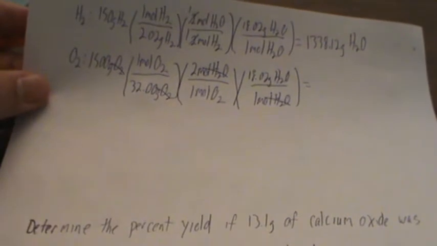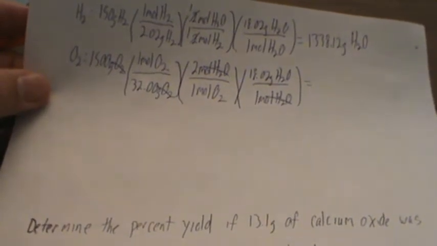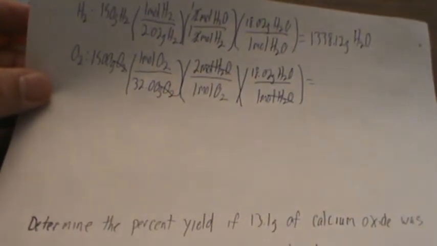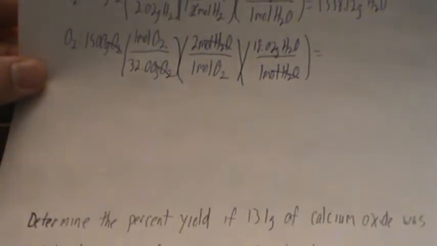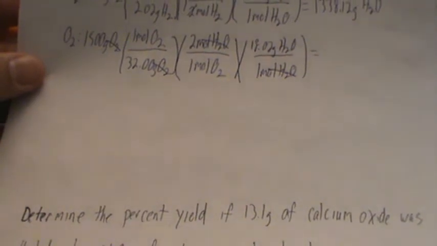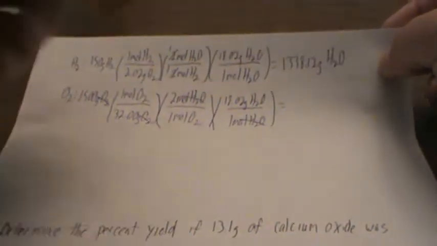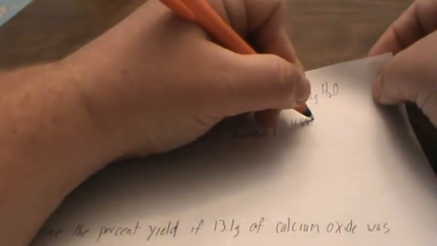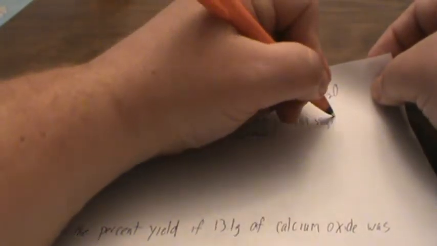Alright, so let's run this through our calculator. We're going to take 1,500 times 2 times 18.02 divided by, down there we only have one number, we only have 32. So all three of those numbers multiply together and then divide by 32. And I'm coming up with 1,689.38 grams H2O.